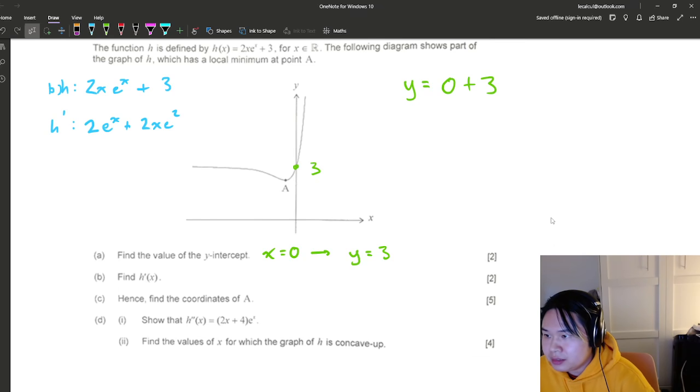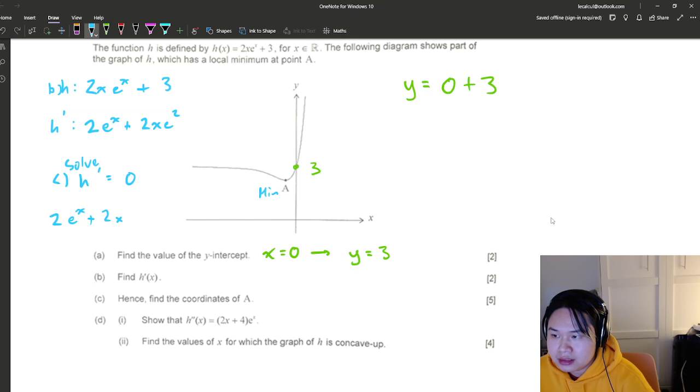And then in part C, hence find the coordinates of A. So you can tell visually that A is a minimum. So minimums happen when your derivative is 0. Local minimums happen where your derivative is 0. So we're just going to solve the derivative being 0. So you have 2e^x plus 2x e^x equals 0.